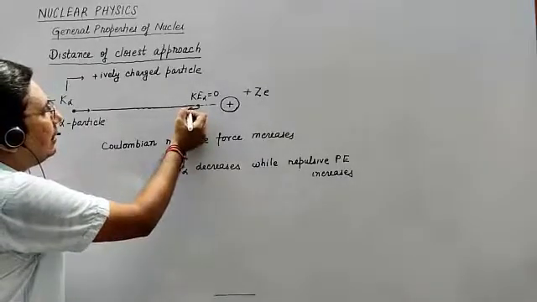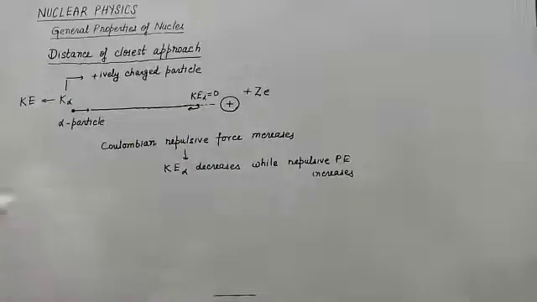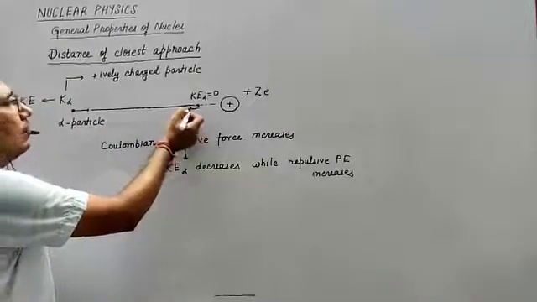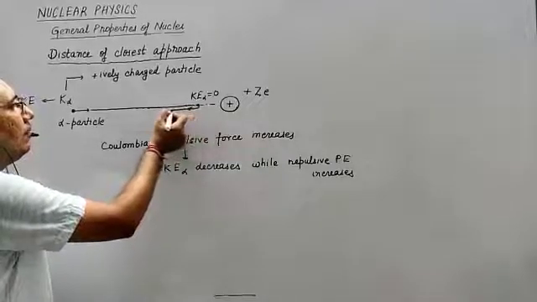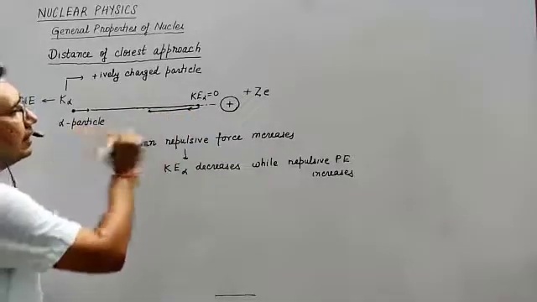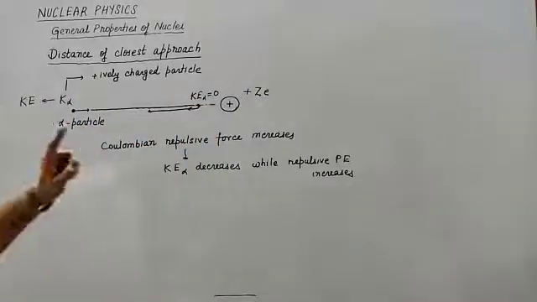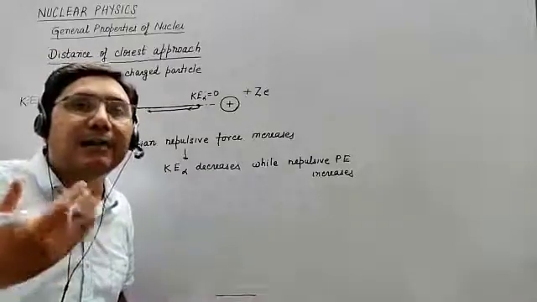it will retrace its trajectory. It will start moving in the backward direction. So this alpha particle will move in the backward direction after this point where kinetic energy becomes zero but potential energy becomes maximum.